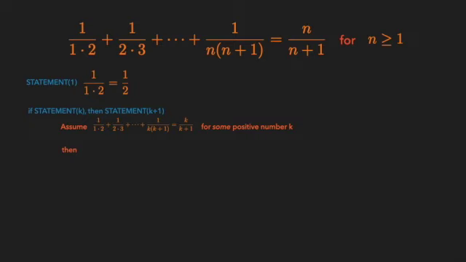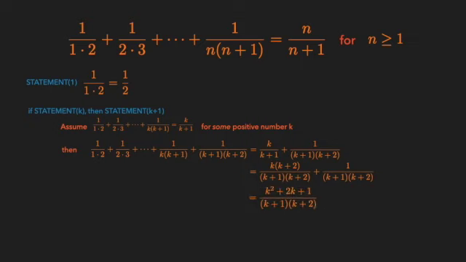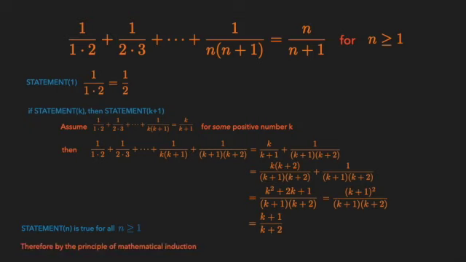Then, if we replace k with k plus 1 on the left-hand side, we have k plus 1 terms, and the first k of these add up to k over k plus 1. Then using algebra, we reduce this to k plus 1 over k plus 2, and so we have shown that the statement is true for k plus 1. We then conclude that the statement is true for all n greater than or equal to 1. Therefore, by the principle of mathematical induction, the statement is true for all n greater than or equal to 1.